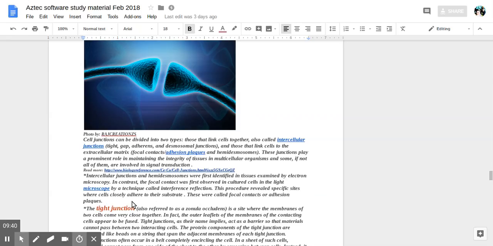Cell junctions are how cells are linked together.